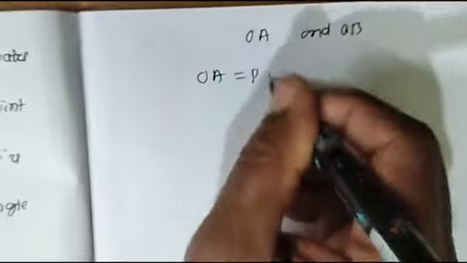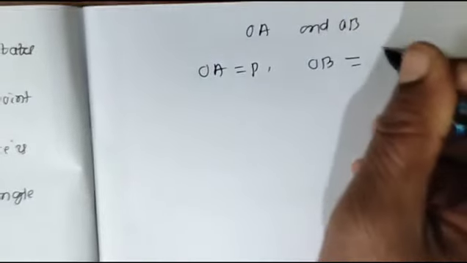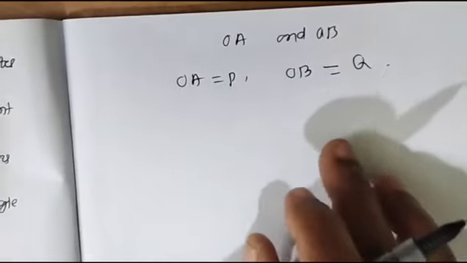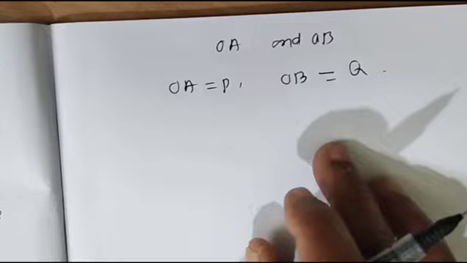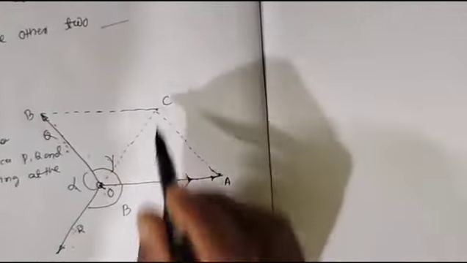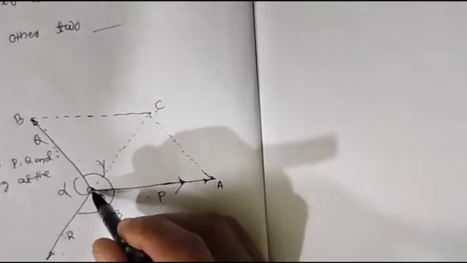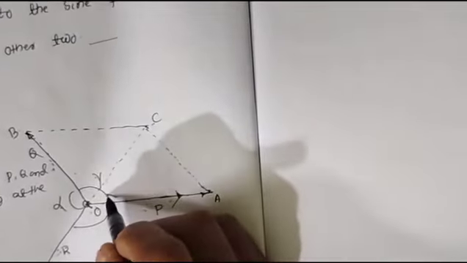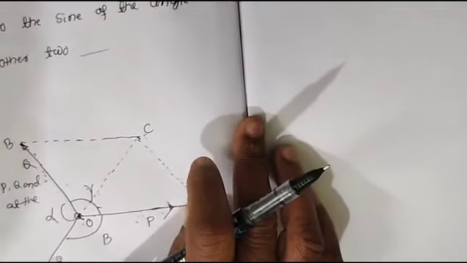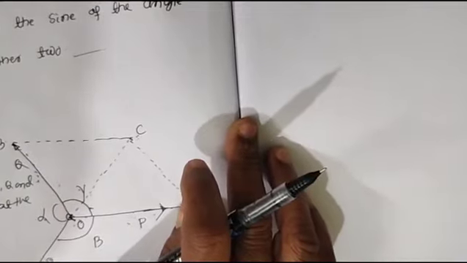Here OA represents P, OB represents Q. Then according to the theorem of parallelogram of forces, the diagonal OC of the parallelogram OACB is the resultant of P and Q in magnitude and direction.